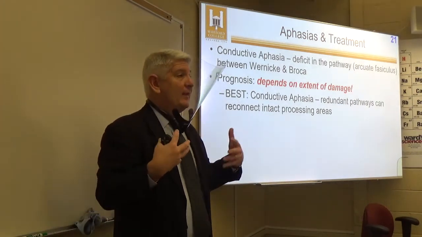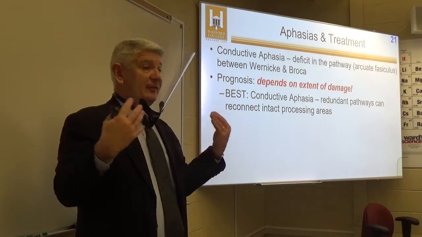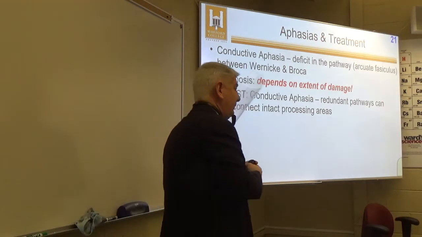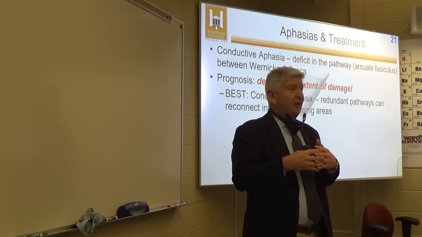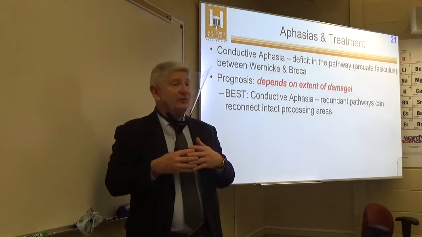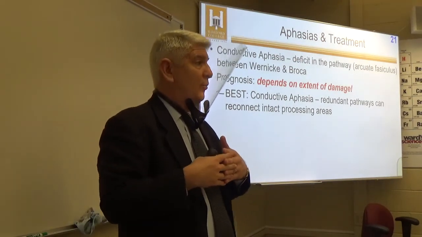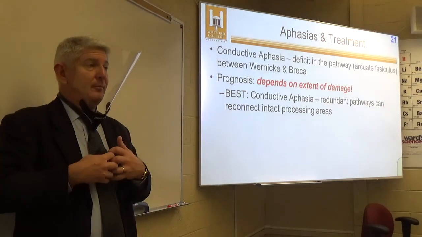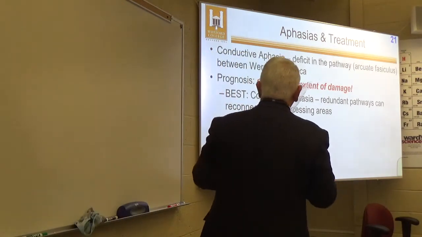We just have to reconnect them to each other. Through experience, through rehabilitation, through speech therapy, we can strengthen other less used pathways to reconnect Wernicke's and Broca's area, allowing the best prognosis for that case.